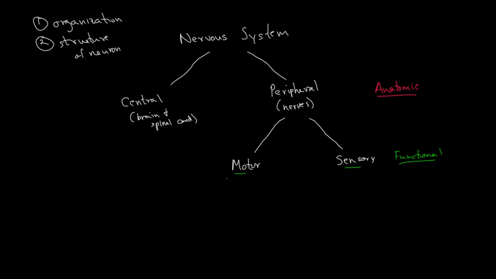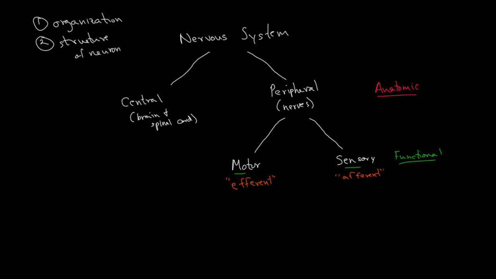And motor neurons are referred to as efferent neurons, and sensory are called afferent, with an A. Now, they're only one letter apart, but they describe different things.